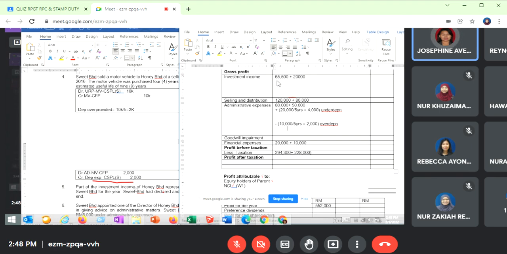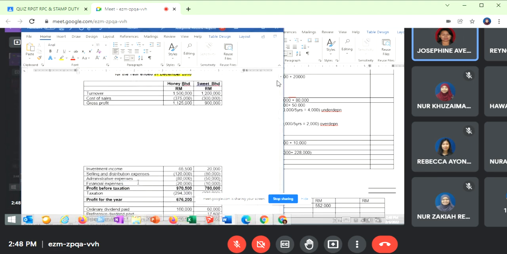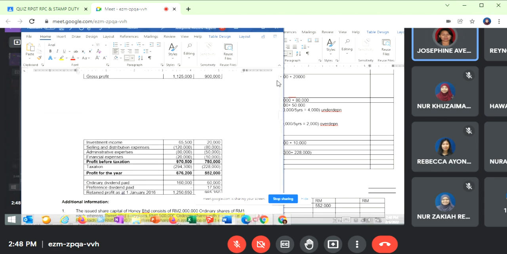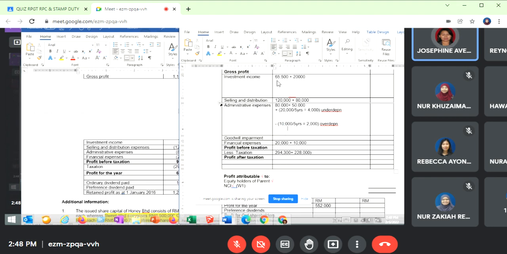So if we go back to the question, we look at Sweet. Yes, Sweet did not recognize any gain. So where is the gain? That is the mistake of this question. The gain should be recorded somewhere there, but it is not. So in that case, it cannot be under administrative expenses.